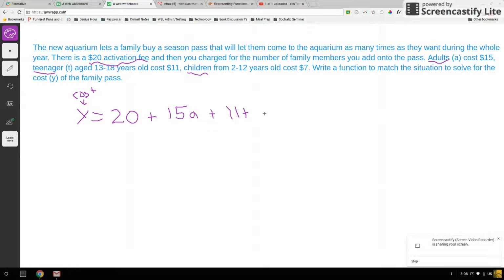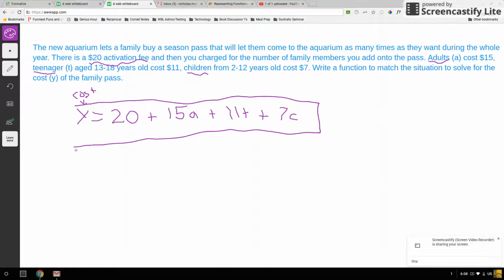All right, now we have to add on children. It says children cost $7, so plus 7c for children. And now we have our function. It's a little bit longer, but all we'd have to do is plug in how many adults, how many teenagers, and how many children we have in our family so that we can figure this out.